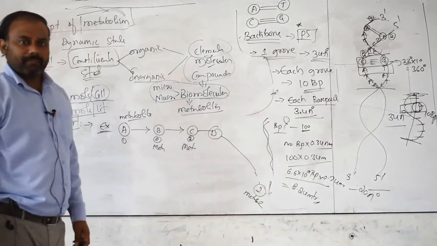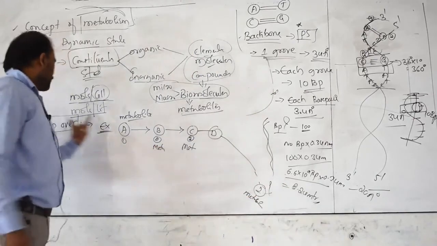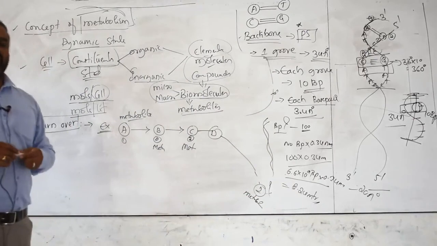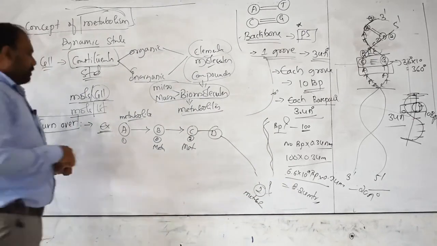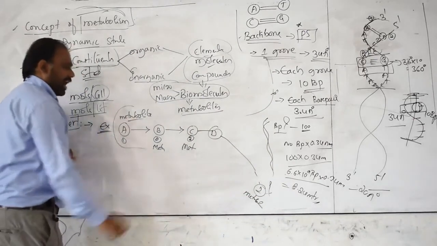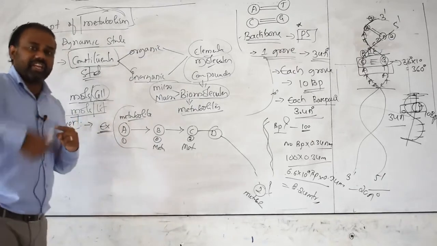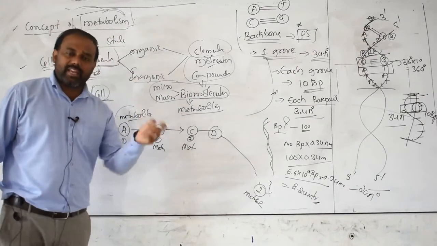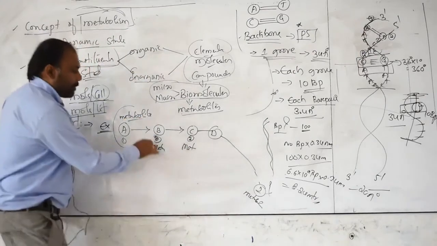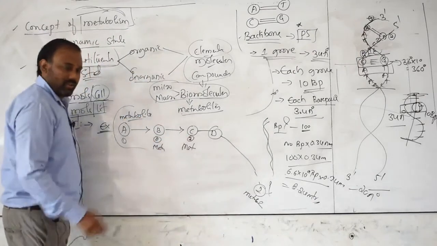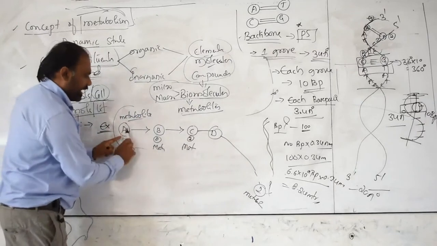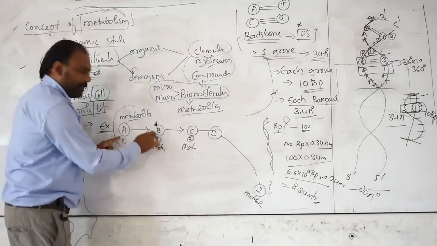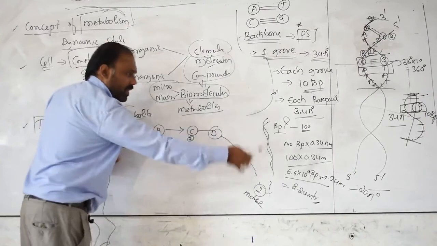Simple? Yes. This is called turnover. Now tell me, what is turnover? The metabolites are constantly being changed into some other biomolecules. Yes or no? That is, A is changing into B, B into C, C to D, and so on.